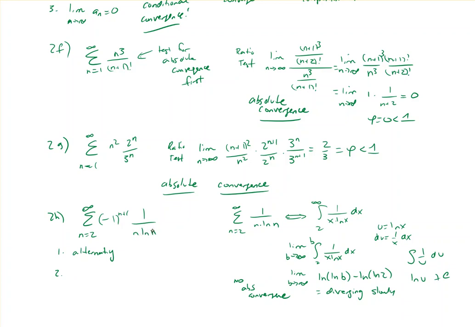As n increases, the denominator is just going to keep on getting bigger. If the denominator gets bigger, the fraction gets smaller. So it's getting smaller every term. And sure enough, the limit is 0, clear as day. Check, check, check. Conditional convergence.